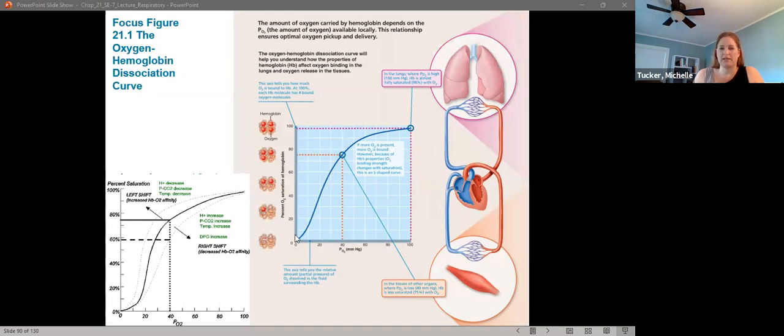Then we add 1, and the steepness of this graph shows how hard it is to add each oxygen. This first segment is the steepest. It's hardest to add this first one. Then it becomes less steep and less steep. So it's hardest to add the first one, still a little hard to add the second one. The third one is added very easily, and the fourth one really, really easily.